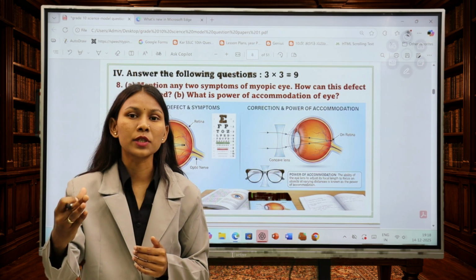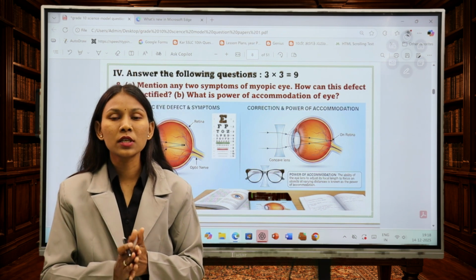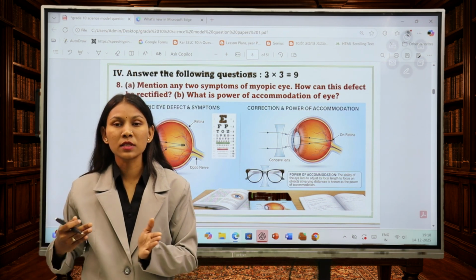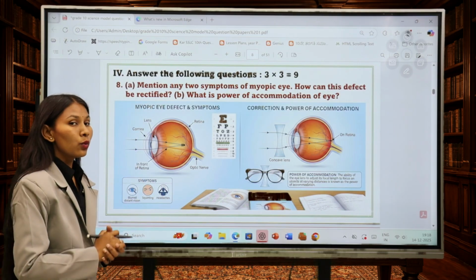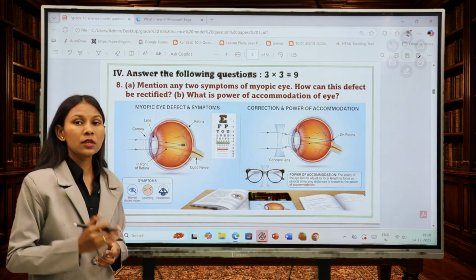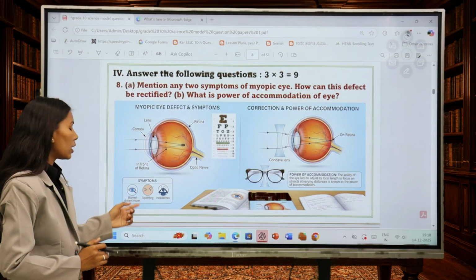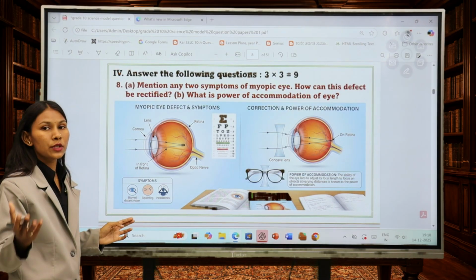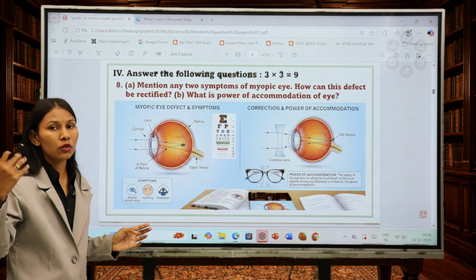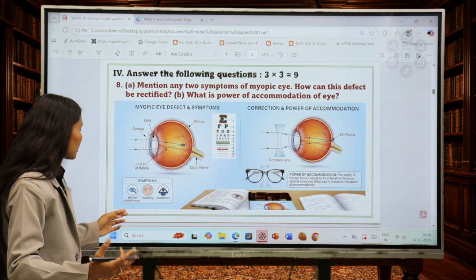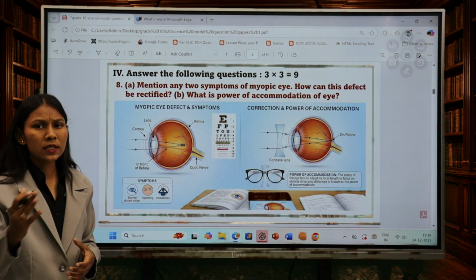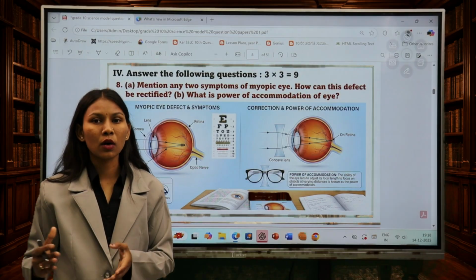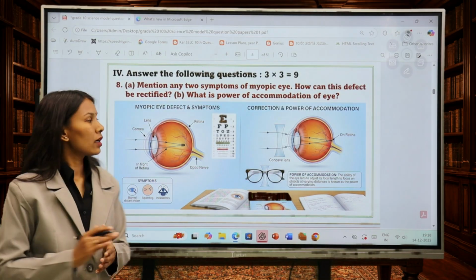So this is the defect called myopia. Okay, so what are the symptoms? The symptoms include blurred distant vision, because they can't see distant objects properly, right? Next, squinting and headaches. So let's see how this defect can be corrected.